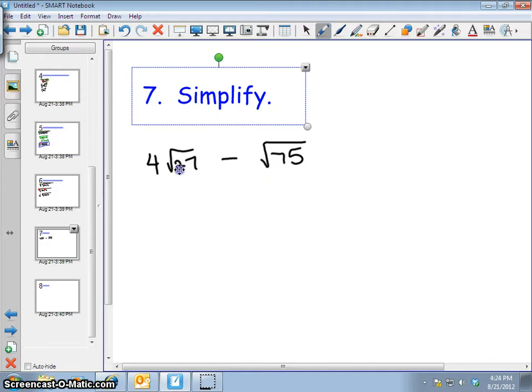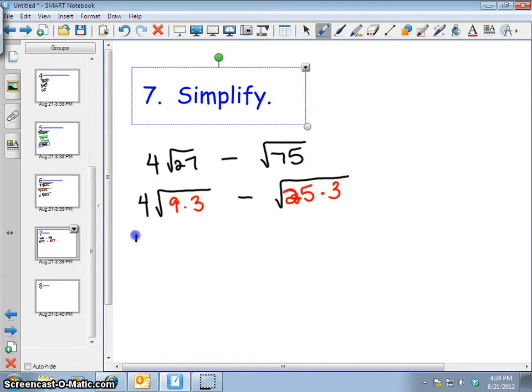So the first thing we have to do is simplify. 27 can be rewritten as 9 times 3. 75 can be rewritten as 25 times 3. So we're looking for perfect squares that will divide evenly into 27 and 75.